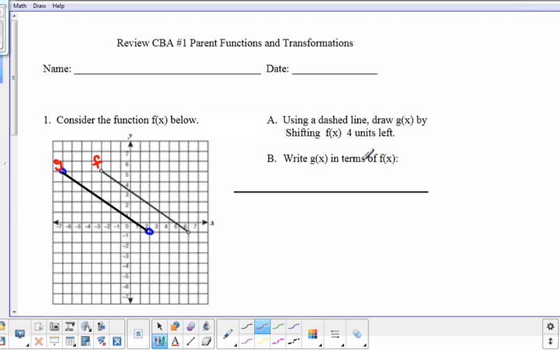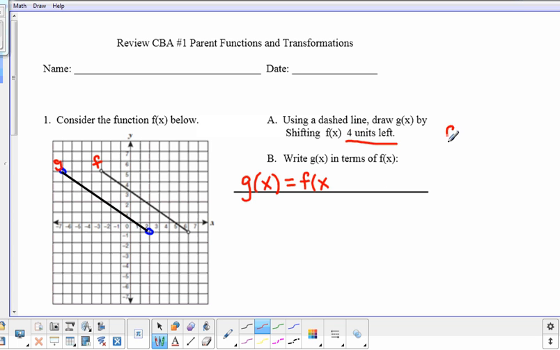So we need to write g of x in terms of f of x. So g of x equals f of x. And now we have to decide what causes it to go 4 units to the left in an equation.